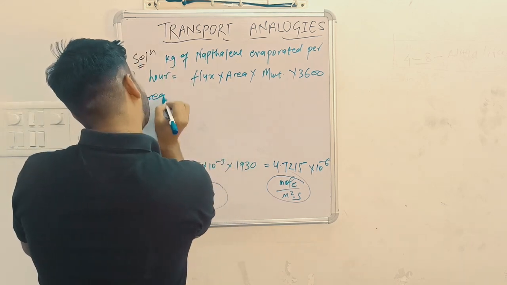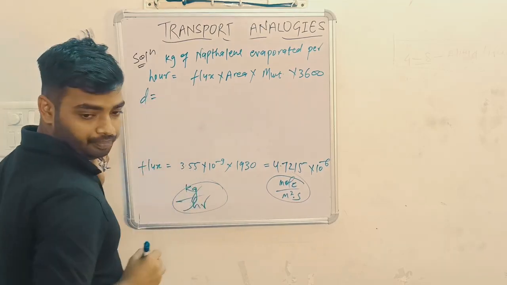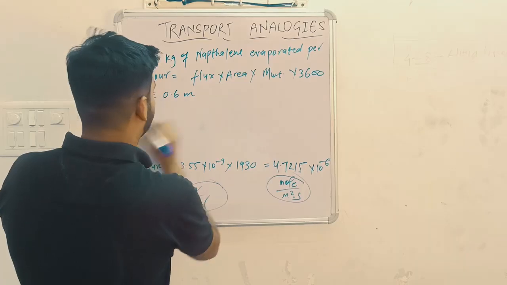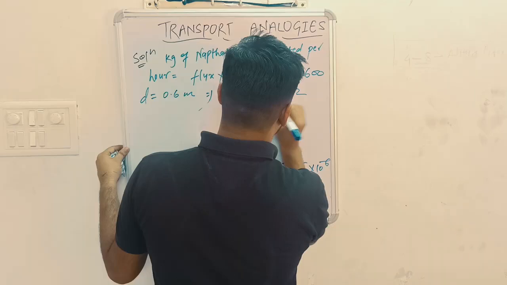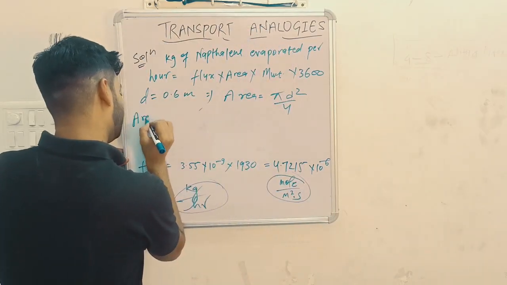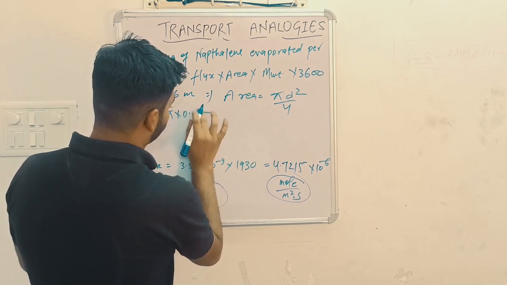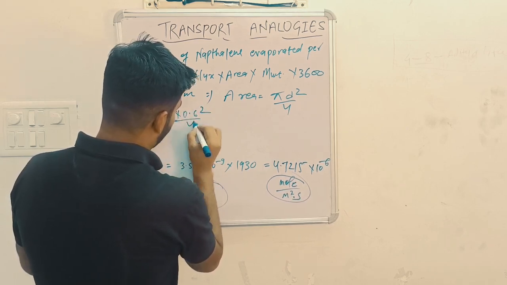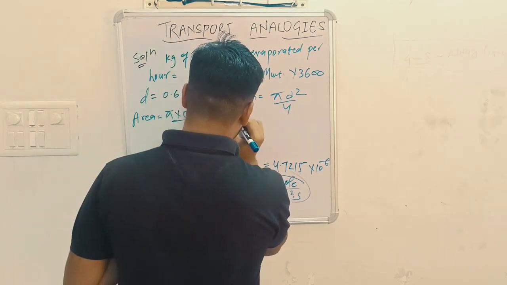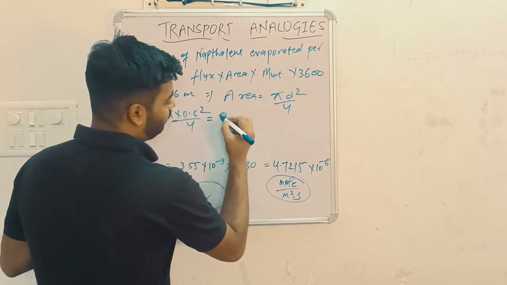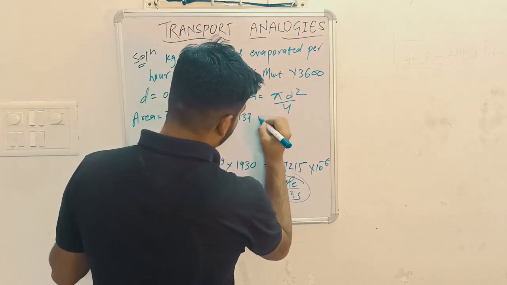For the calculation of area, we have given diameter equal to 0.6 meter. This will give area equal to pi d square by 4. Area is equal to pi into 0.6 square by 4. Calculating, we will get area 0.14137 meter square.